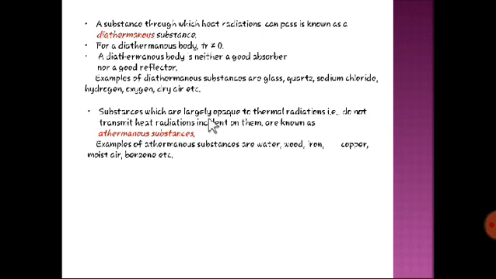Substances which are largely opaque to thermal radiation, that is, do not transmit heat radiation which is incident on them, are known as athermanous substances. Which are they? These are water, wood, iron, copper, moisture and benzene. They do not transmit heat radiation incident on them. That is known as athermanous substances.